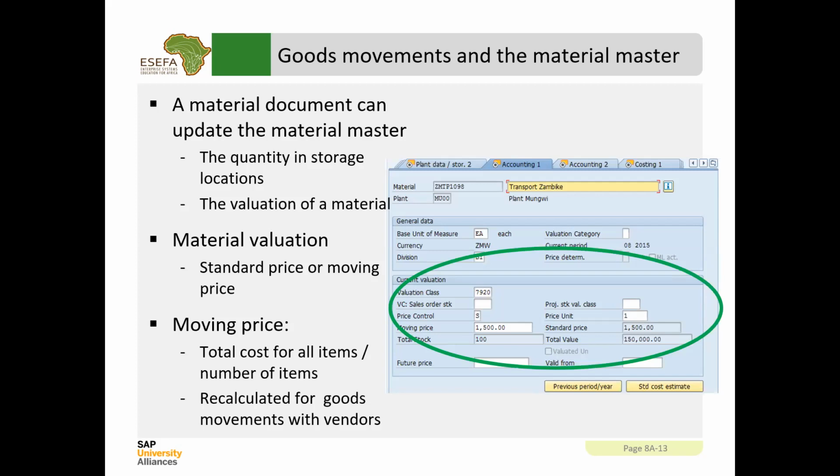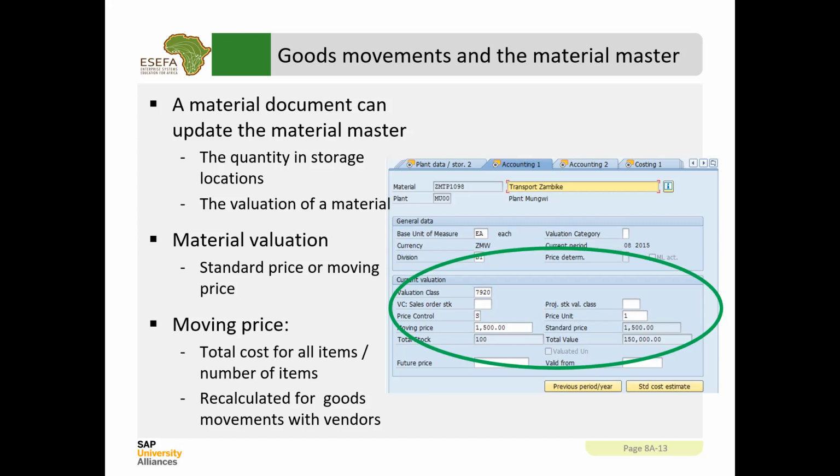Goods movement and the material master view. A material document can update the material master. The quantity in storage location must be reflected and updated in the material master data.